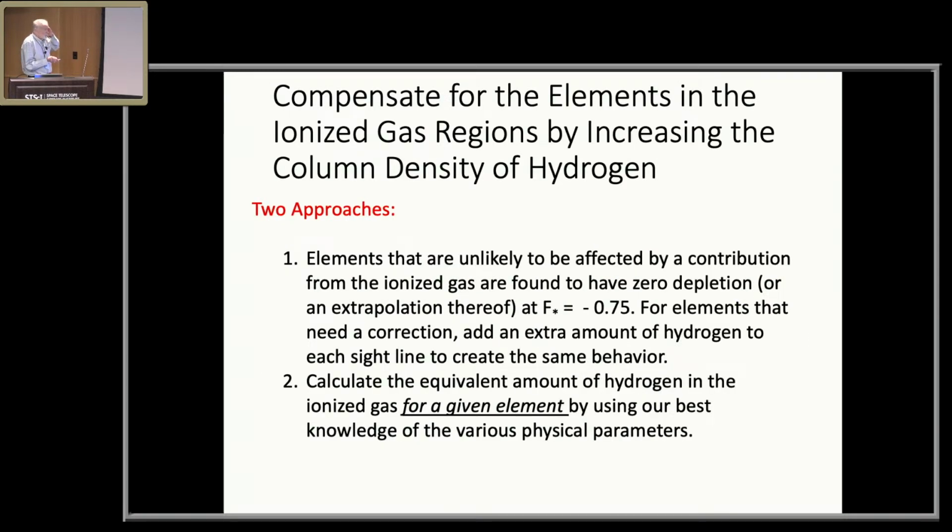So the other way to do this is to actually calculate from the atomic parameters how much hydrogen there has to be. And this amount of hydrogen depends upon the element, because it depends upon the element's atomic parameters and how the responsiveness is in the H2 region.